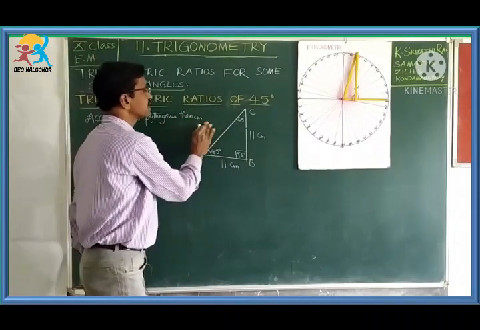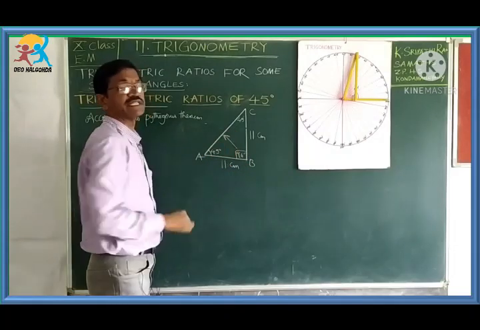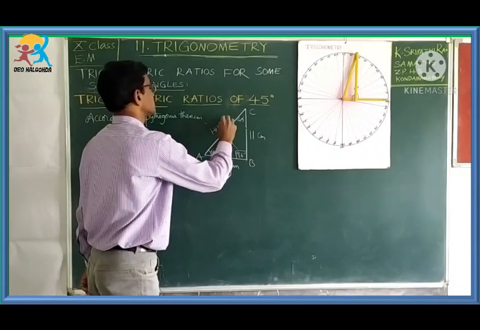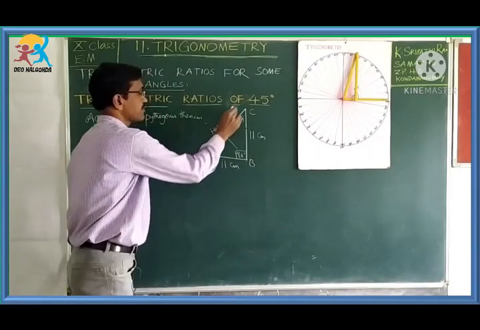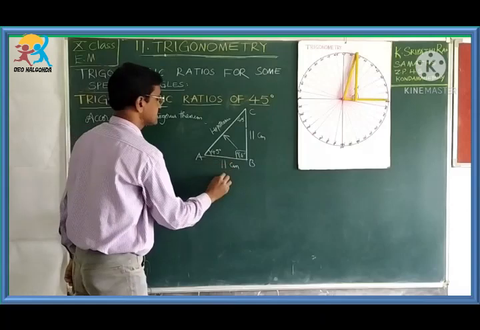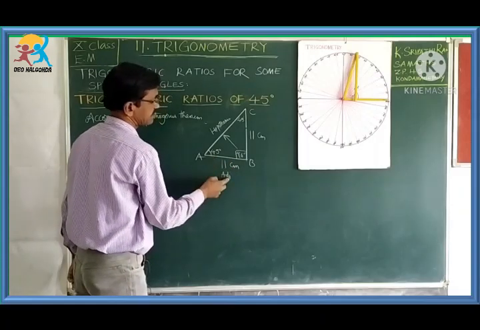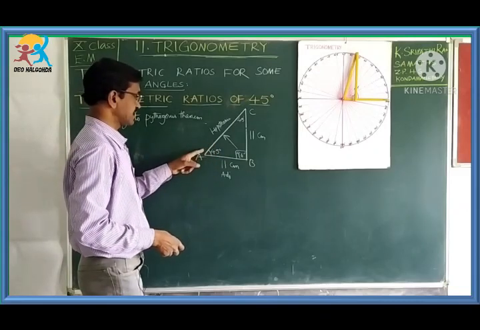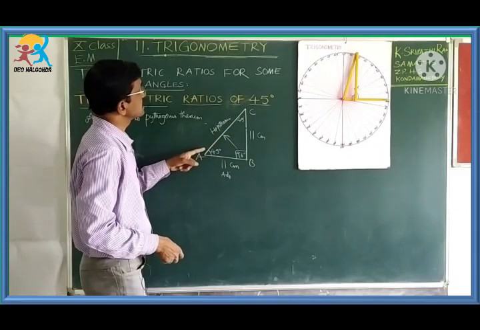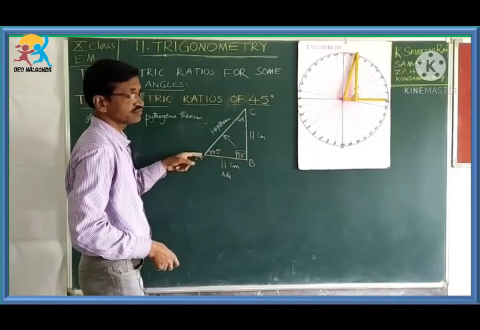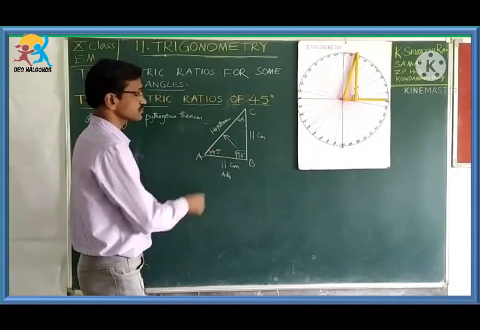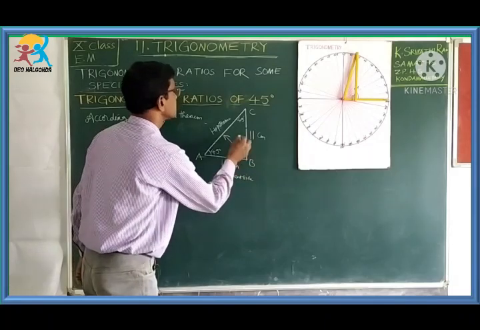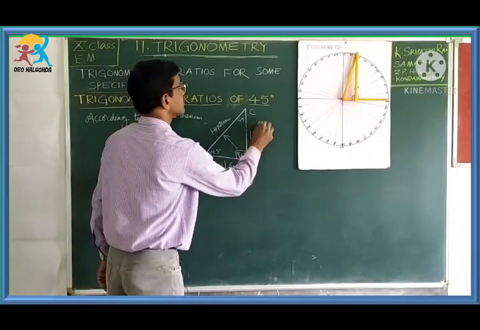This is the hypotenuse because it is opposite to 90 degrees. There are two sides adjacent to 45 degrees, this one and this one, but it is called hypotenuse because it is the longest side in the triangle and opposite to the 90 degrees. This is adjacent side and here this is opposite side.